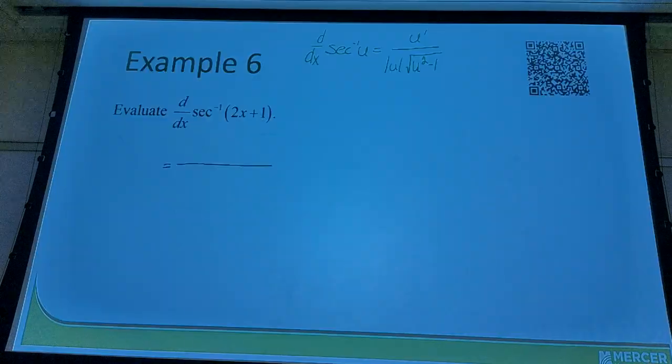What is its derivative? Now we have to simplify it.